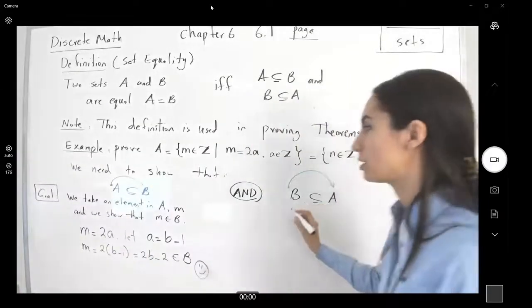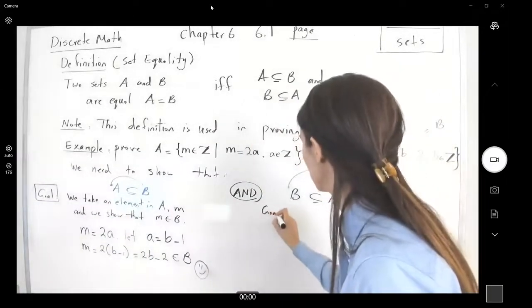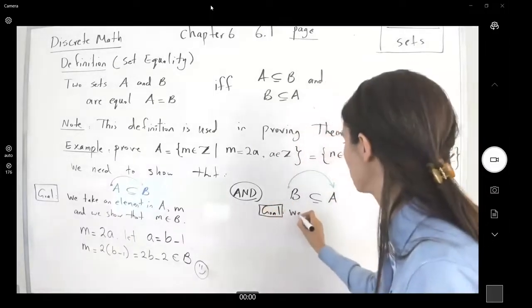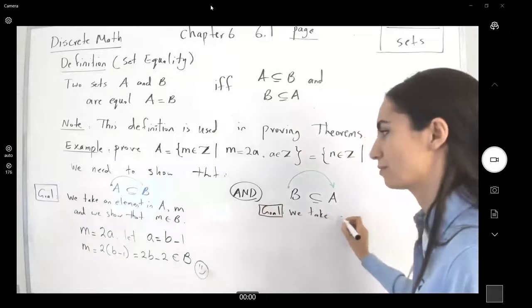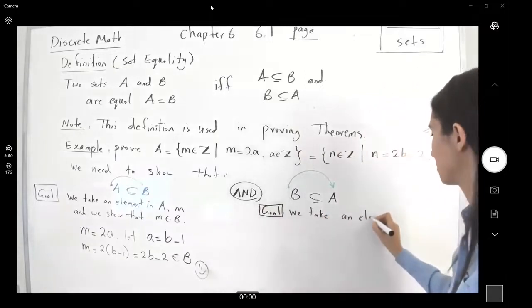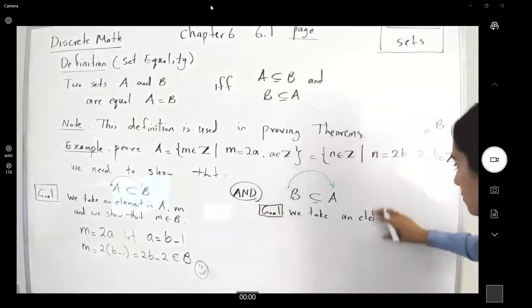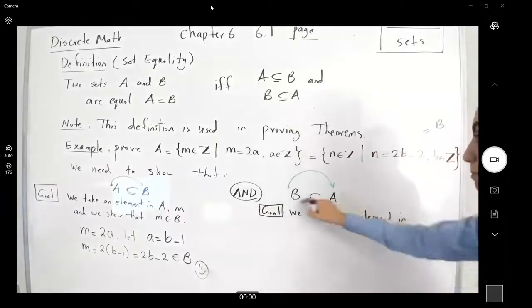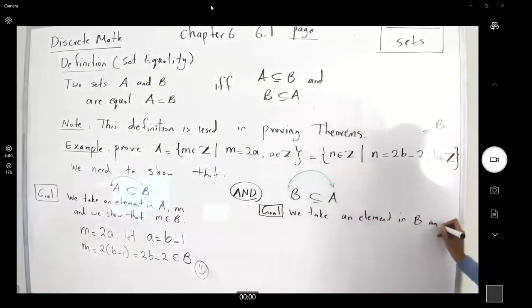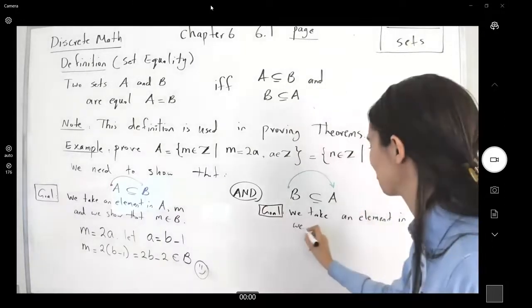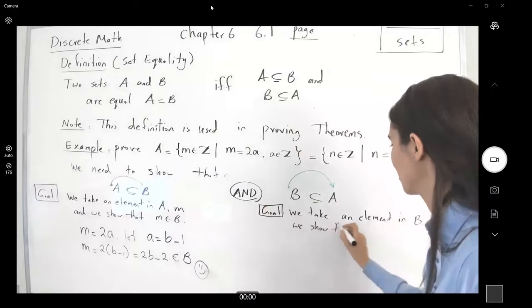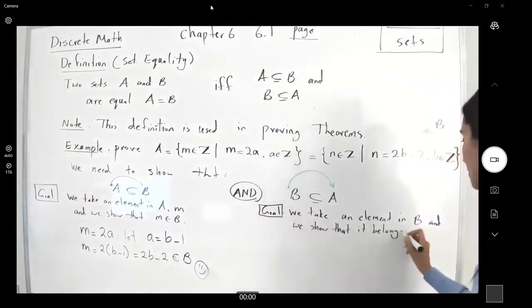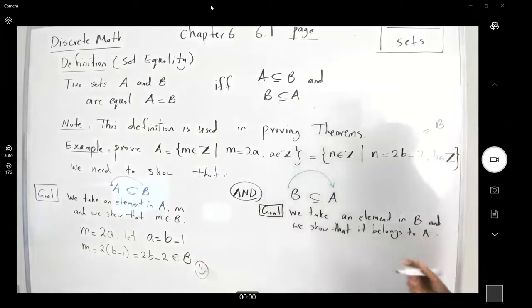So our goal is to show that we take an element in B, and we show that it belongs to A. This is our goal.